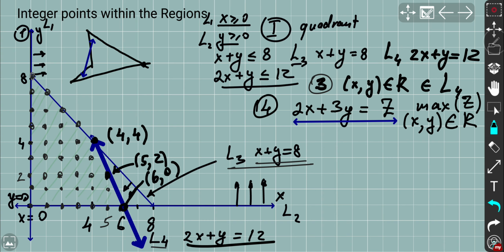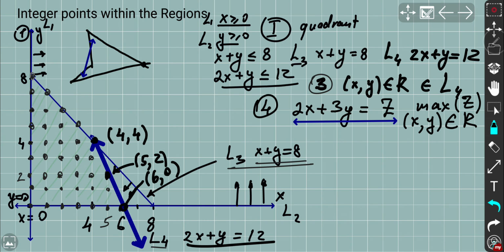However, in this case, we're not really sure whether the Z function has an optimal value, maximum or minimum. So we're going to use another theorem that helps us figure out at which points max and min values occur. The second theorem tells us that if R is the feasible region for a linear programming problem, and in our case that's definitely a linear programming problem, and your objective function Z is bounded.